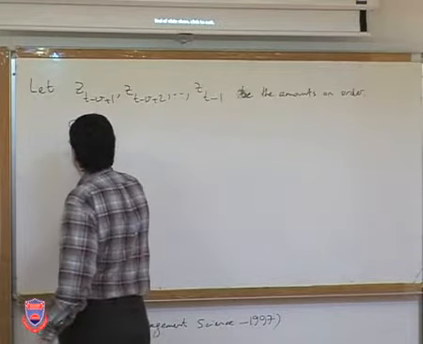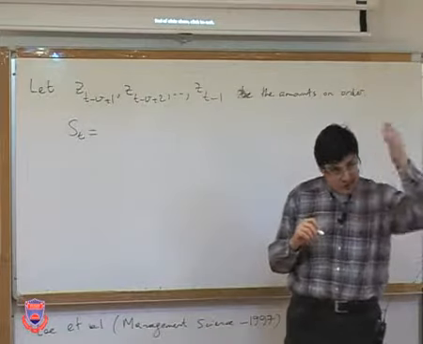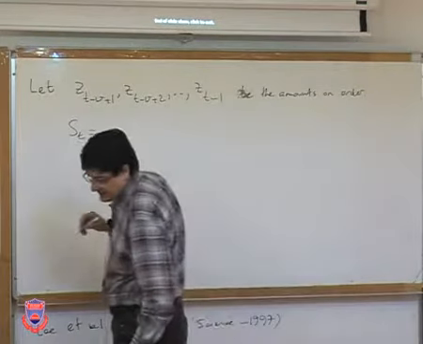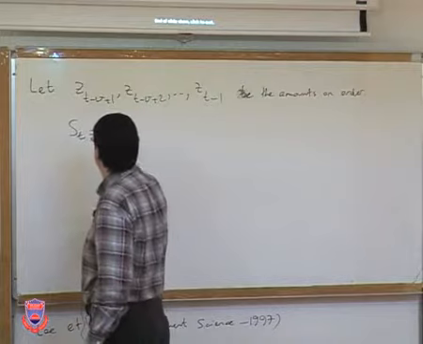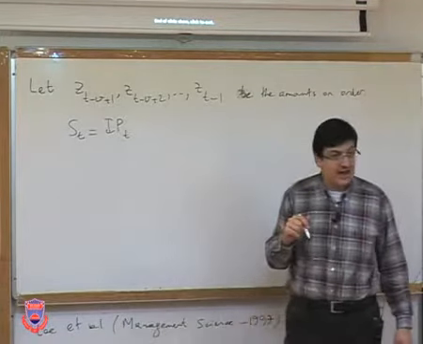So then ST is going to be what? ST is the order up to level. And let's say that it is going to be equal to IP, the inventory position at time t.